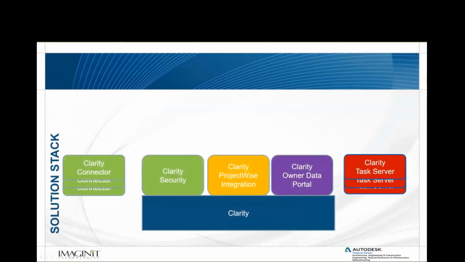Especially for those of you who are not that familiar with Clarity, I just want to put up this slide that talks about the solution architecture. When we talk about Clarity, there's the core piece of Clarity, the web application and the ability to set up tasks and define projects and all of those kinds of things.